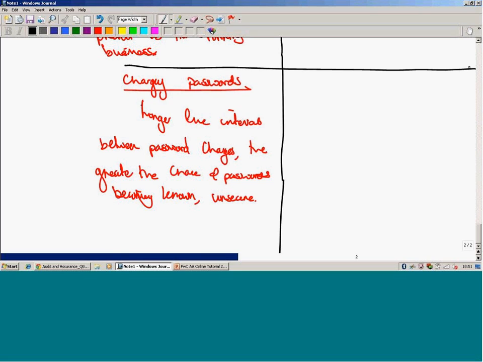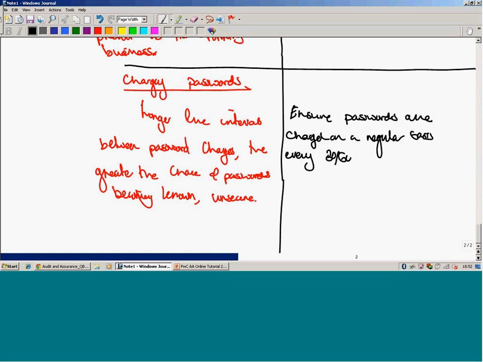My question then, what should I be doing? So Elizabeth, as you suggested already, it is to ensure we enforce some sort of system for password changes on a regular basis. Every 30, 60, 90 days, however long we think is reasonable.